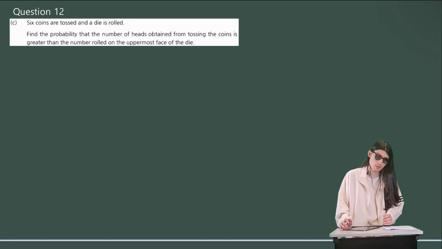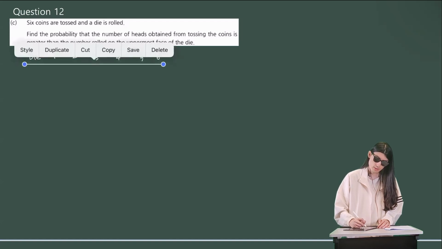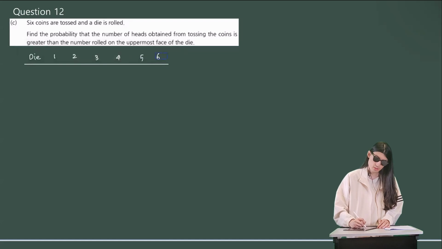Which can occur, right? So on the die, you can either roll 1, 2, 3, 4, 5, or 6, right? And you're tossing 6 coins.